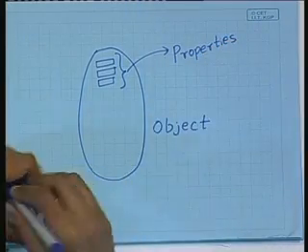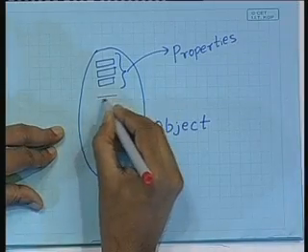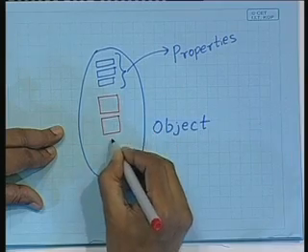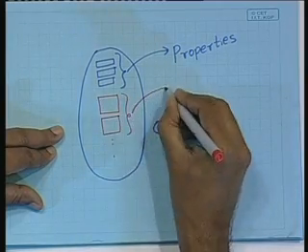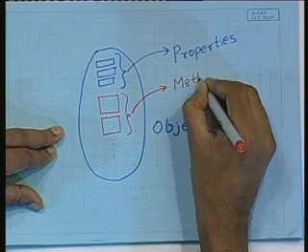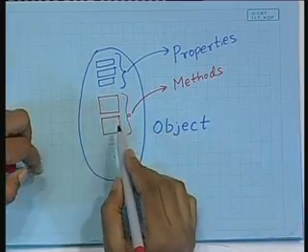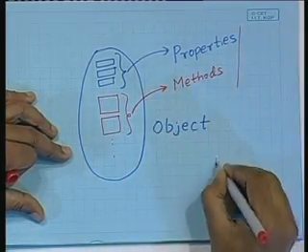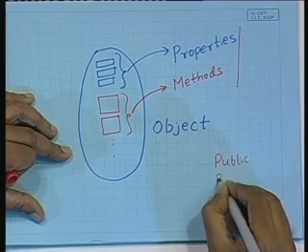In addition, we can have several functions within the object itself. These functions in object oriented terminology are called methods. Both these properties and the methods can be either public or private.